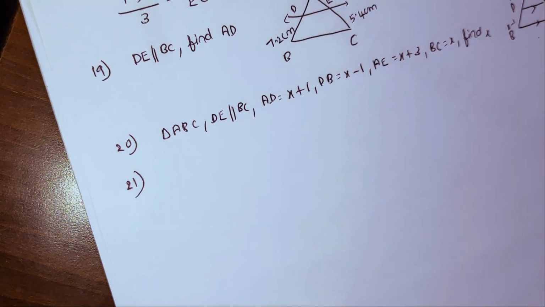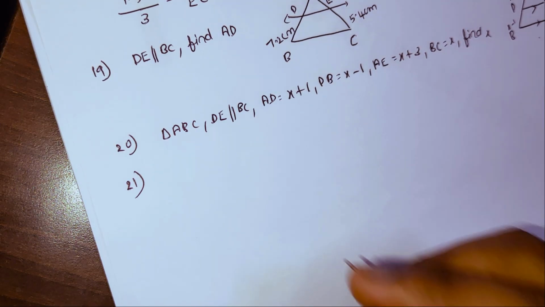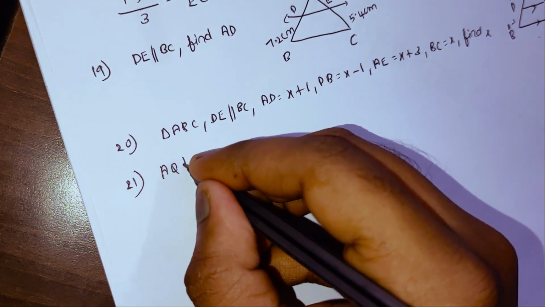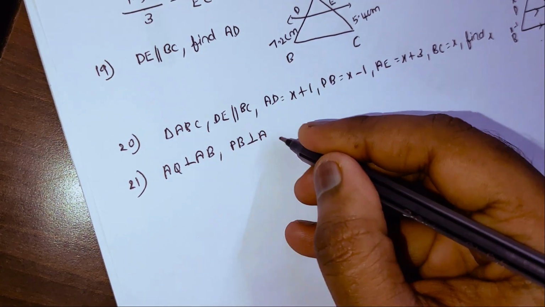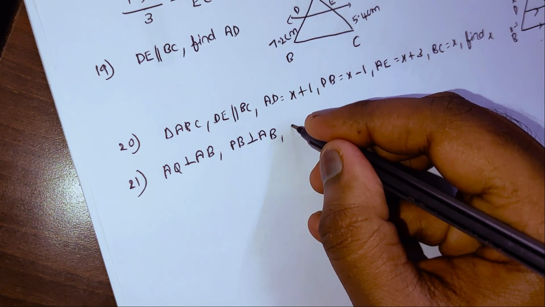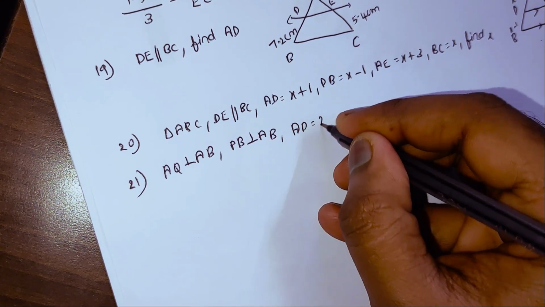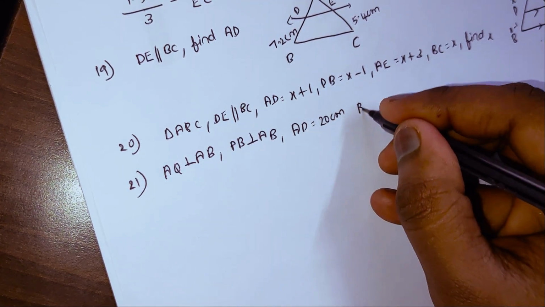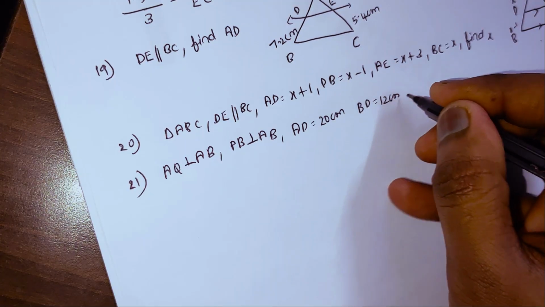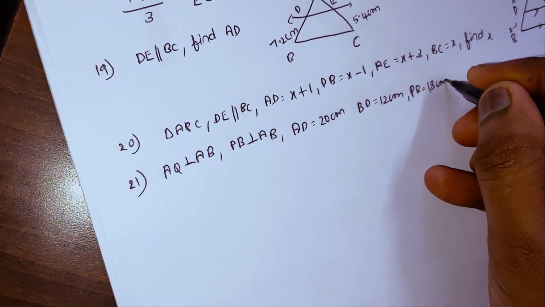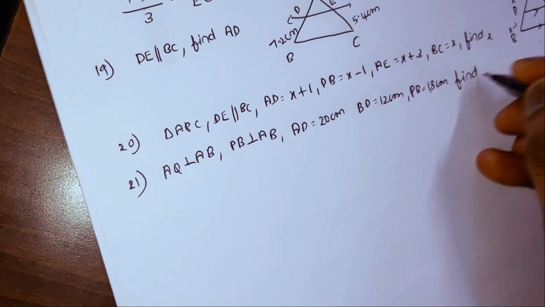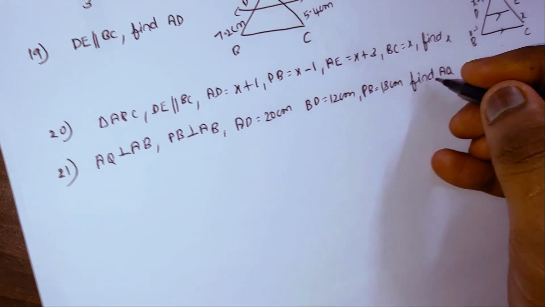21st question. AQ is perpendicular to AB. PB is perpendicular to AB. AD is given, that is 20 centimeter. BD is 12 centimeter. PB is equal to 18 centimeter. Find AQ.